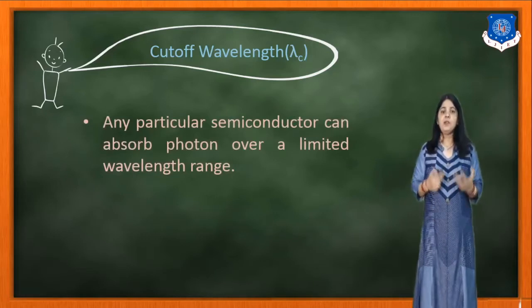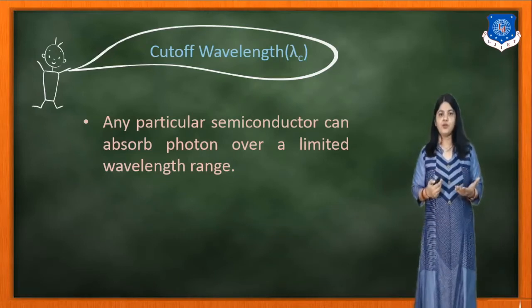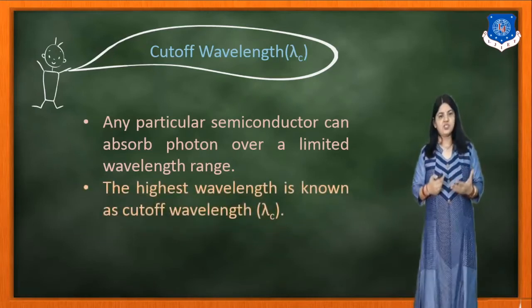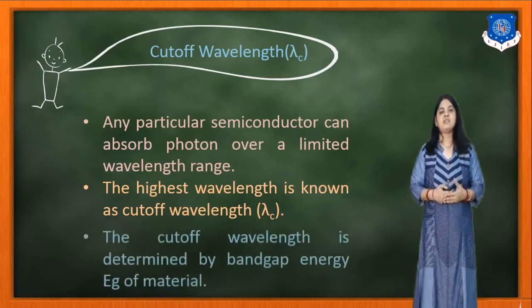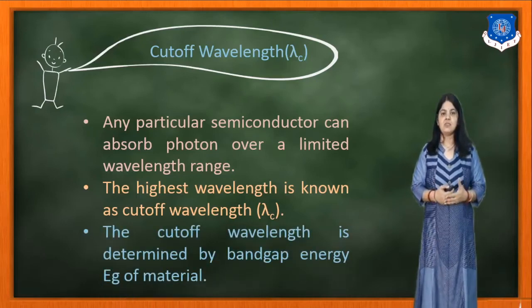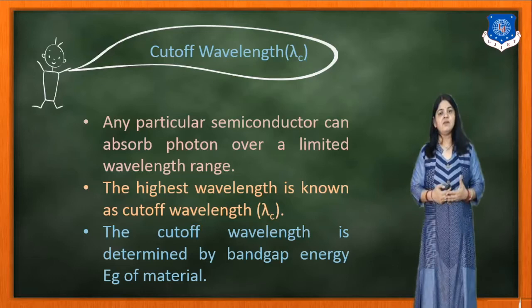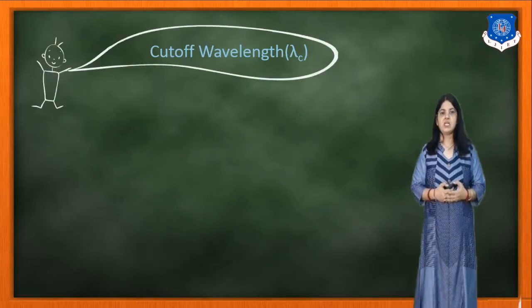What is the cutoff wavelength? Any particular semiconductor can absorb a photon only over a limited range. The highest wavelength is known as the cutoff wavelength, denoted by lambda c. The cutoff wavelength is determined by the band gap energy Eg of the material.